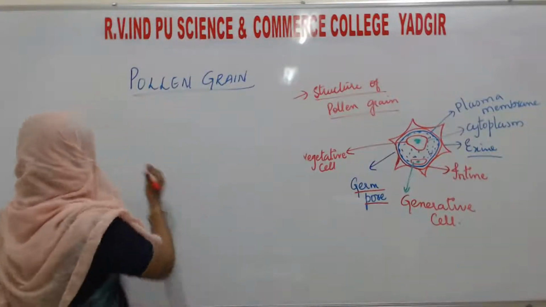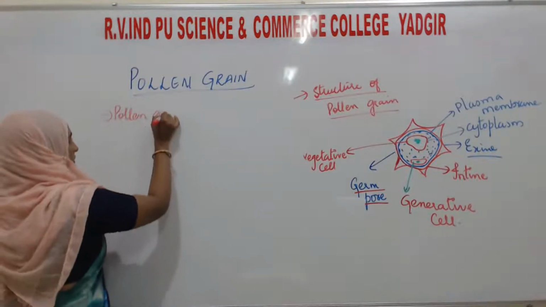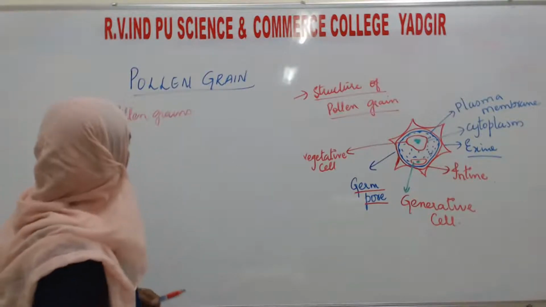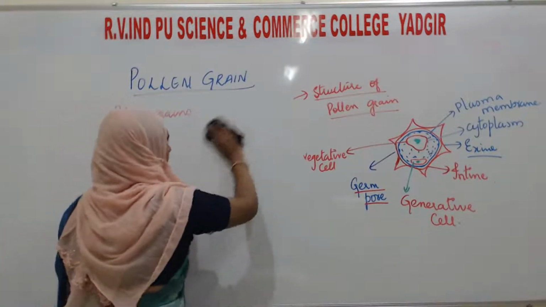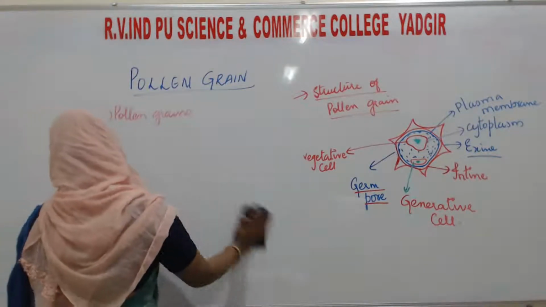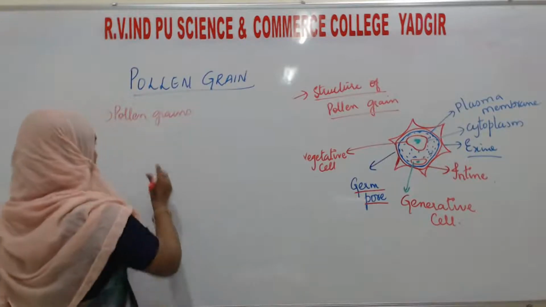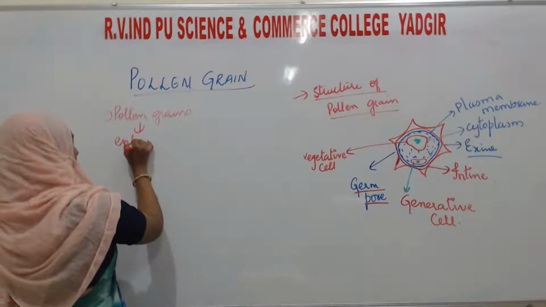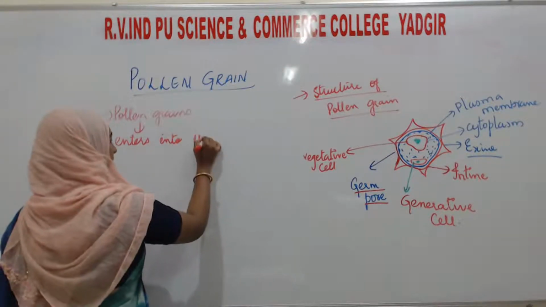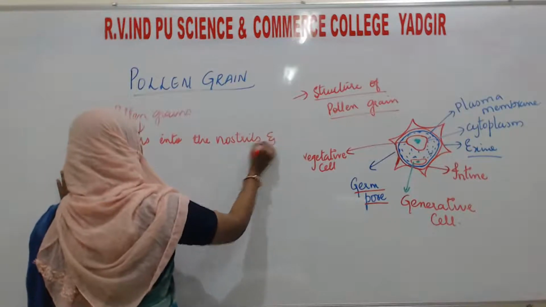Pollen grains enter into the lungs, into the nostrils and lungs.